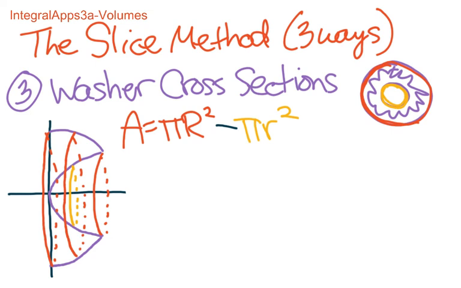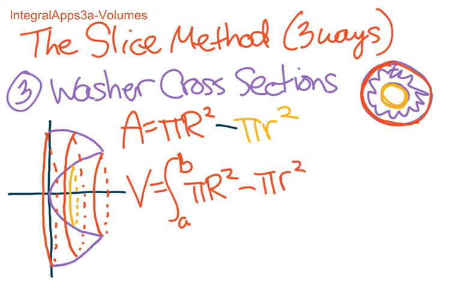The most common mistake that students make is they'll do pi R minus r squared. Like they'll subtract the r's first and then square that. And we know that that's not the same thing. So then the volume is the integral from a to b of pi big R squared minus pi little r squared dx or dr.